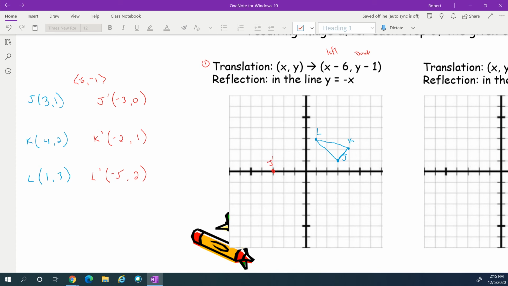Well, did J go left and down? Yeah. So it looks like we're on track. K prime is at -2, 1. And L prime is at -5, 2. So there's our new triangle. Now they should look congruent. It's just that it was slid left and down.